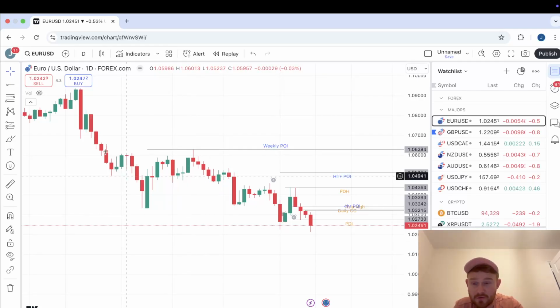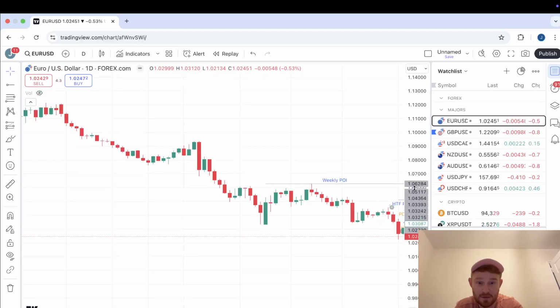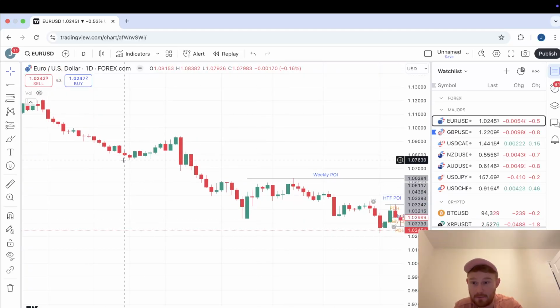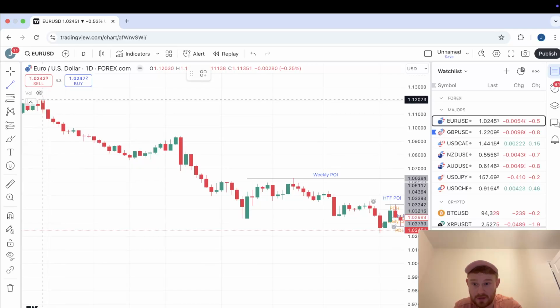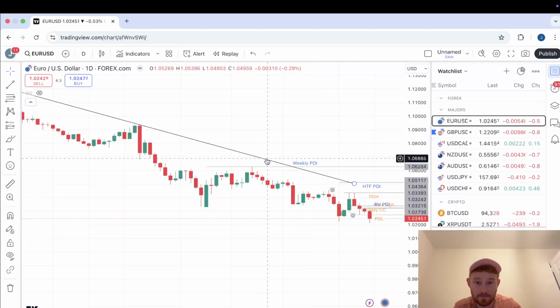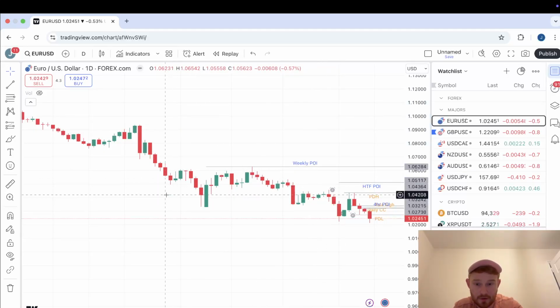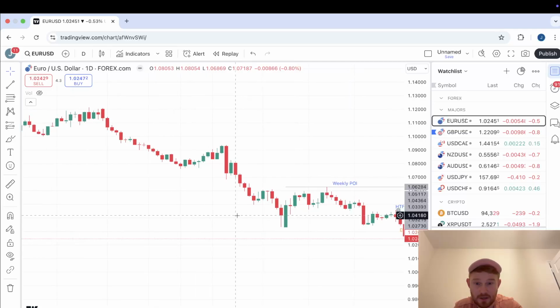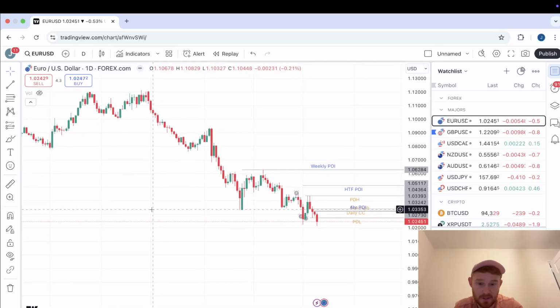So for Euro US dollar, for example, on here, we can see that this is very much a bearish market. Not that I trade trend lines, but you can see there's a clear trend that's just going down and down and down. For this kind of market, you'd only really be looking for bearish candle confirmation trades.